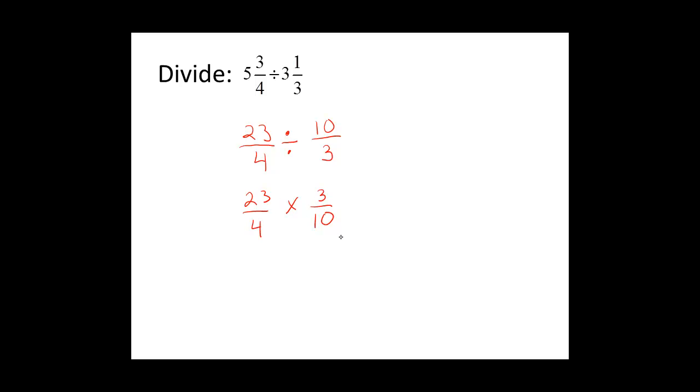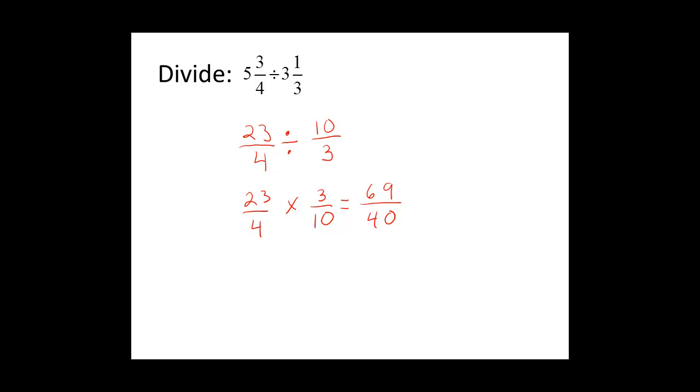And a 10 is a 5 times 2, and there's no 5's or 2's as factors in the numerators. So we multiply across. 23 times 3 is 69, and 4 times 10 is 40. This is the answer as an improper fraction.